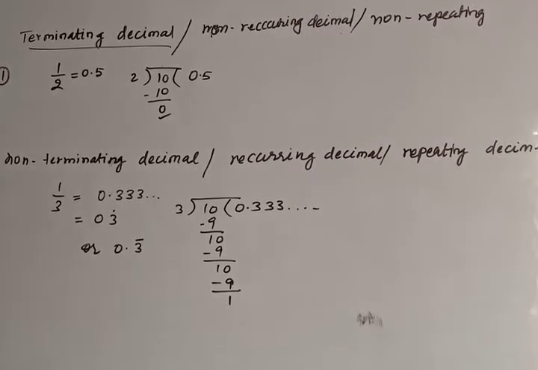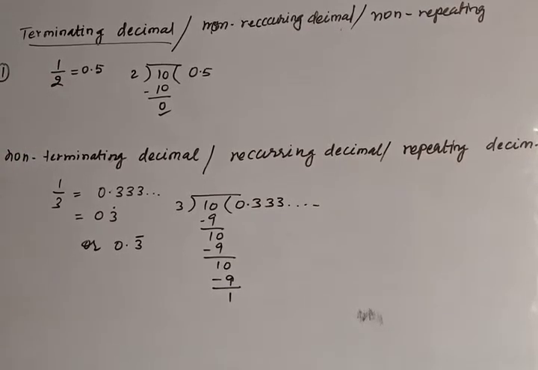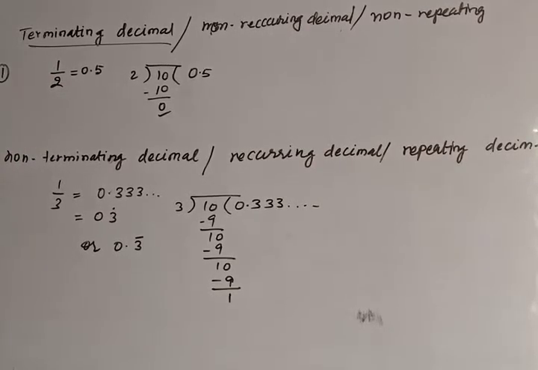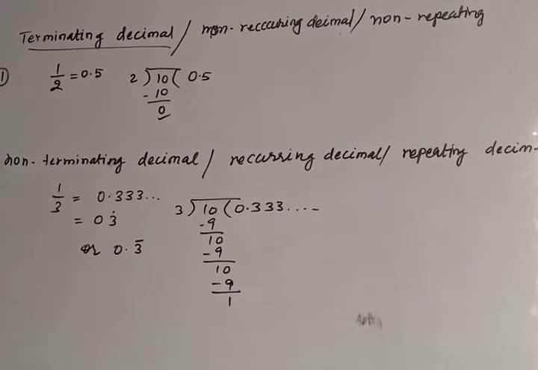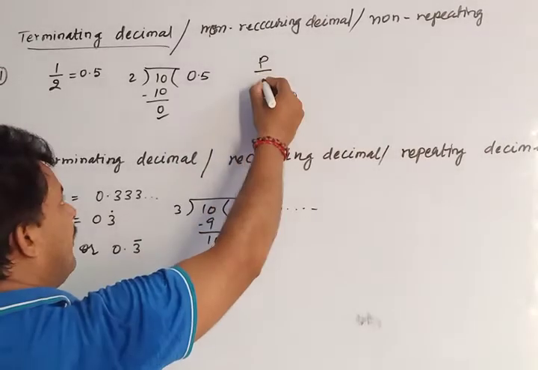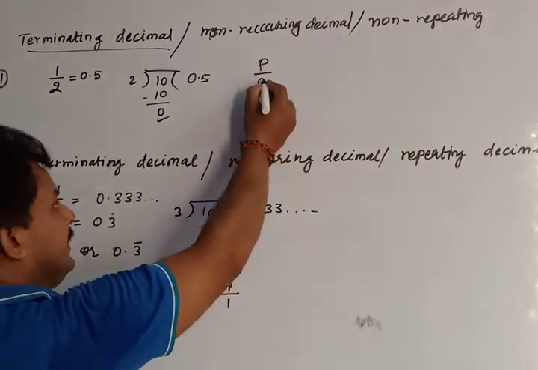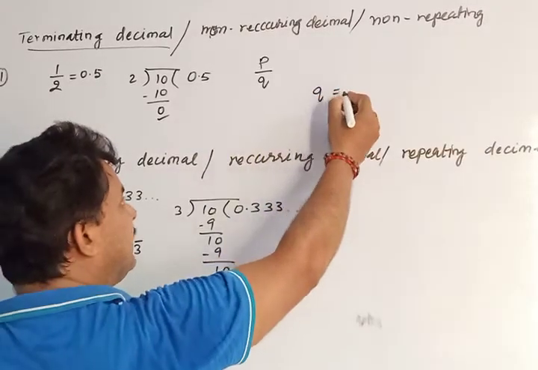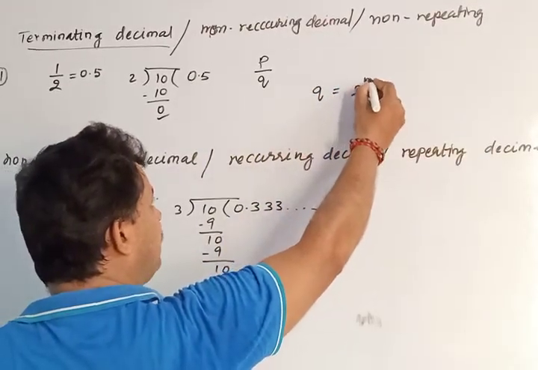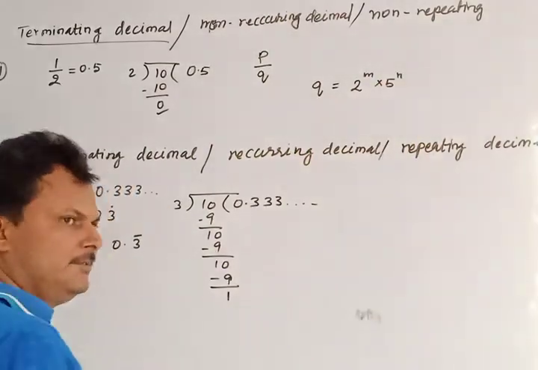So how to identify? Suppose this was a smaller fraction, we can easily perform it. But how to identify whether the given rational number is terminating or non-terminating? First of all, see the general form of a rational number is p by q. Here q is the denominator. If q can be expressed in the form of 2 to the power n into 5 to the power n, clear?